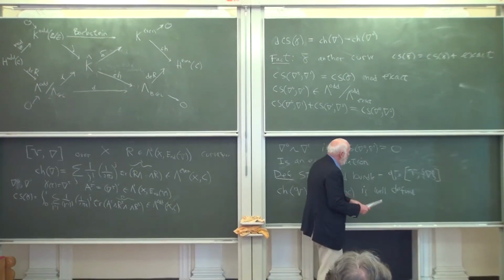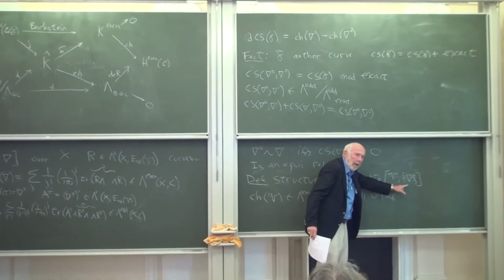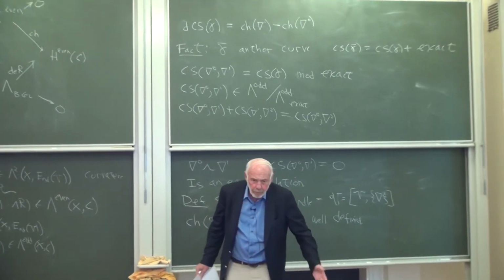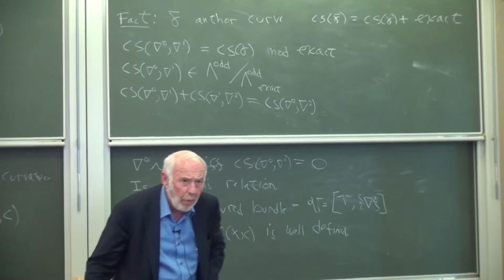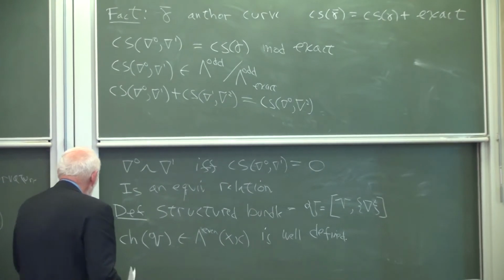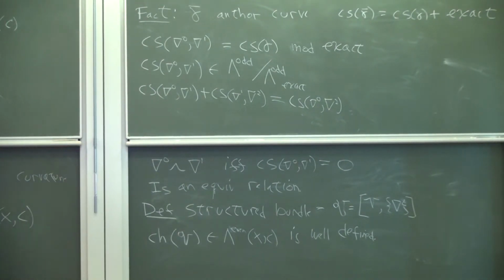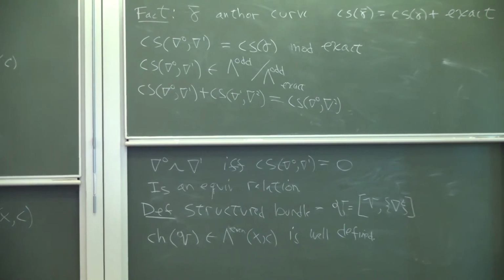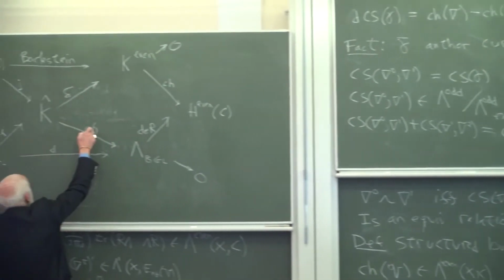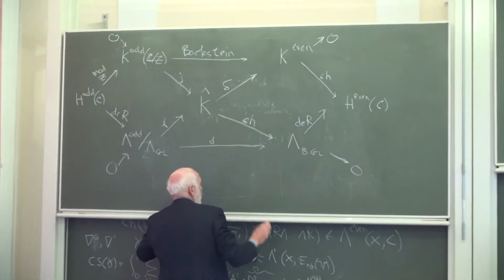So if two connections are equivalent, they have the same Chern character as differential forms. So ch is now a thing, and there you see that ch up there. It's the same ch. Okay.